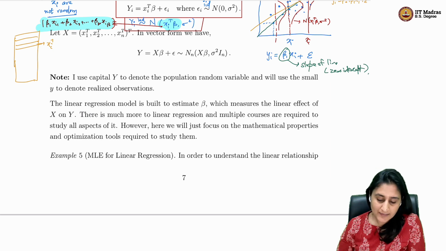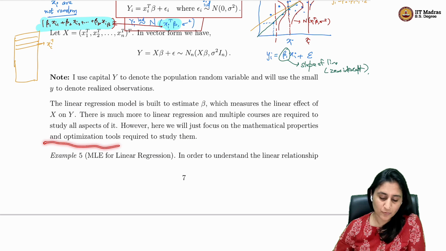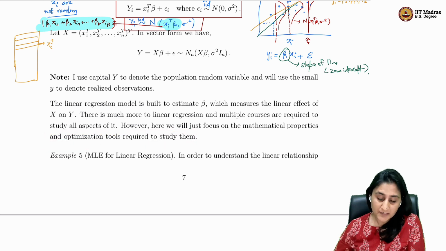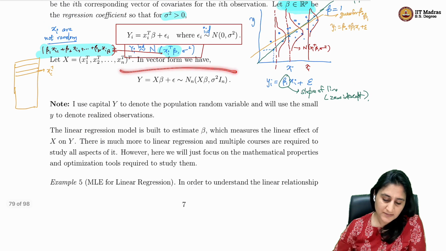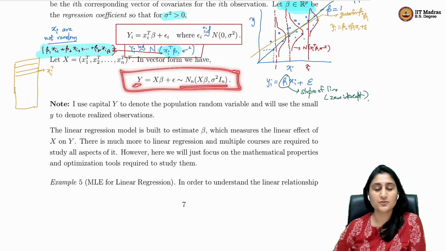Okay. Now, again, like I said, there are multiple courses that can be constructed on regression. But here, what we'll focus on is only the mathematical properties that are going to be required for optimization. Particularly, once I've written this expression down, I know that the y's follow this distribution.